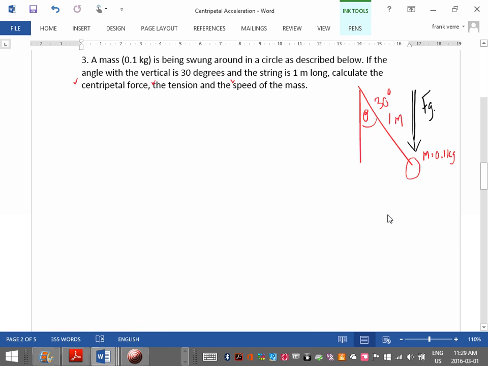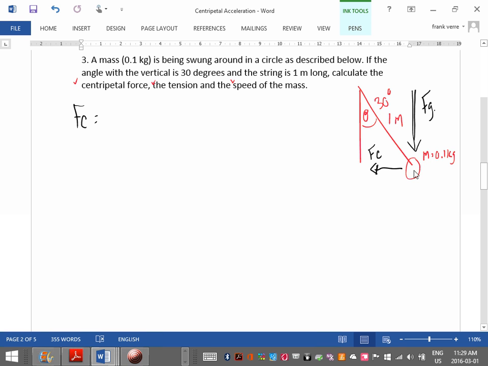Now, there's one other force acting. Which way? Well, it's rotating around this point, so that force has to be pointing this way. That would be the centripetal force. If we think of this as a triangle, this is my tension.